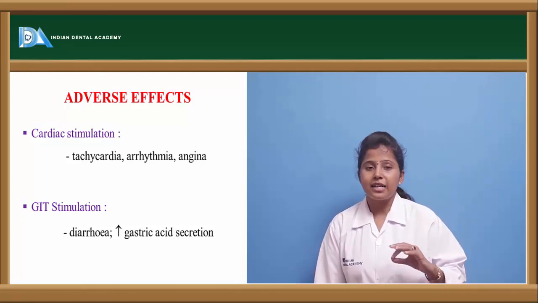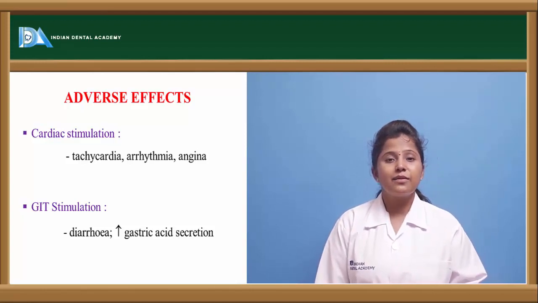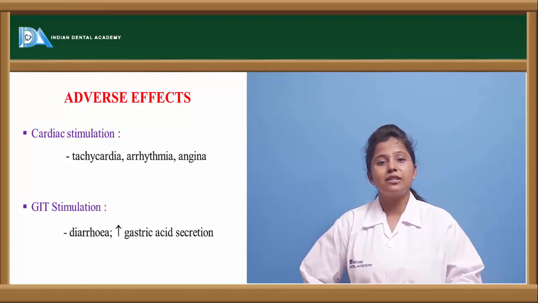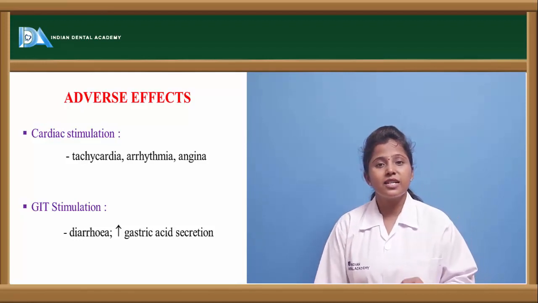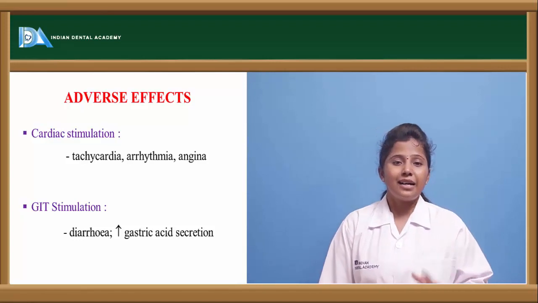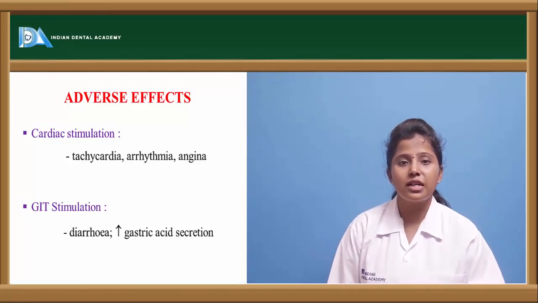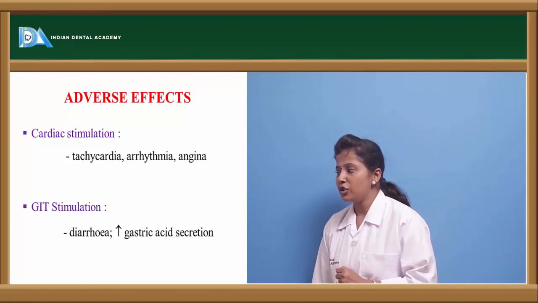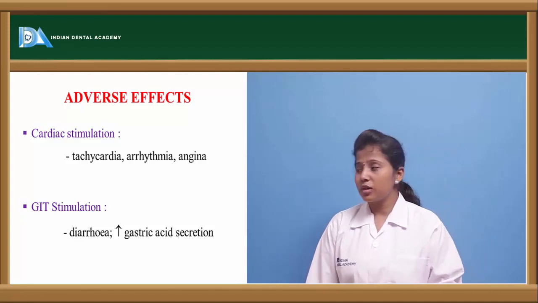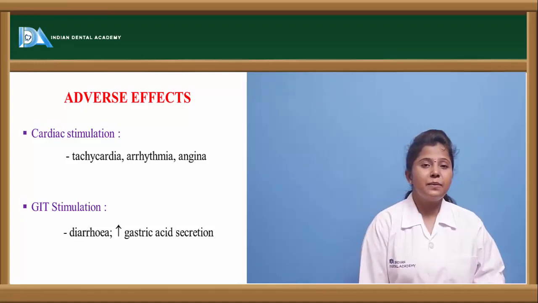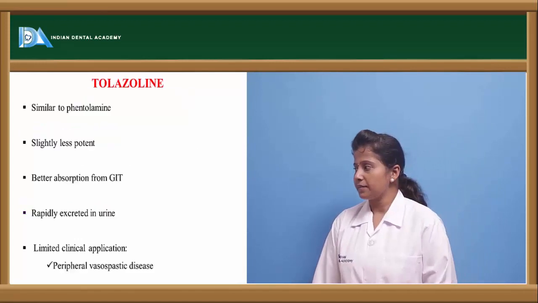Tachycardia is an abnormal heart rate, arrhythmia is a disturbance in the rhythm of the heart, and angina is chest pain caused by decreased oxygen supply to the heart. In the GIT, excessive stimulation leads to diarrhea, and increased gastric acid secretion leads to ulcers in the stomach.